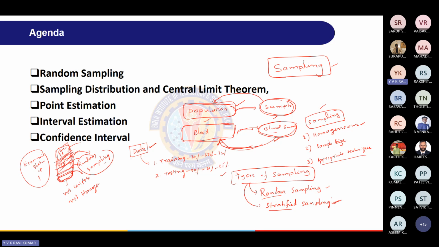Now if you see here, this is the population. The population is data. Here for us, data is the population. Now from this, we have two things: this is sample one, this is sample two. One sample consists of 30% of the data and the other 70% of the data.